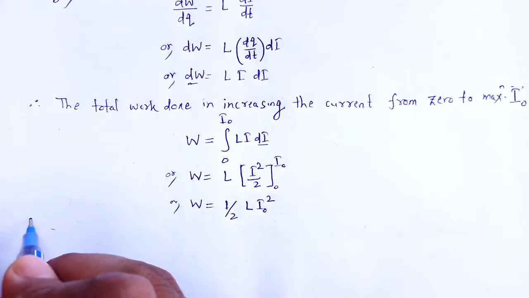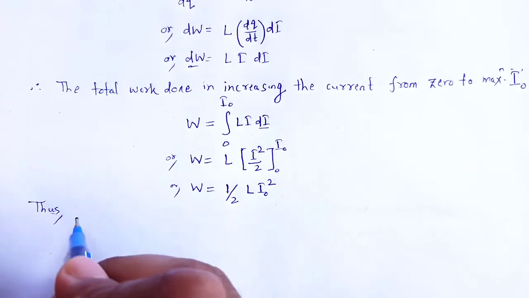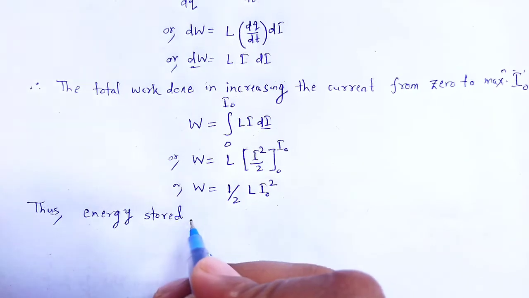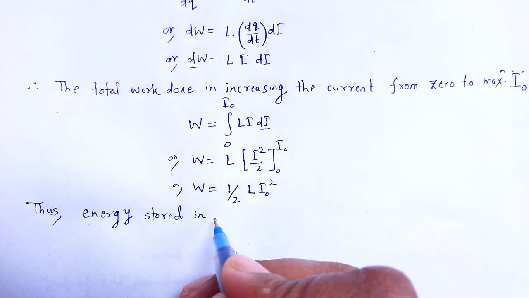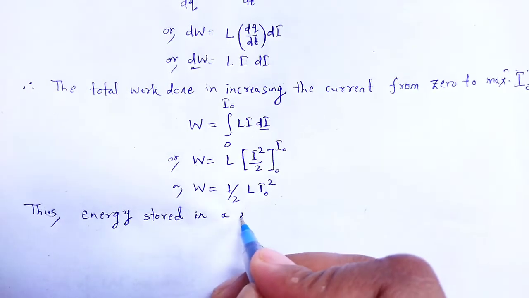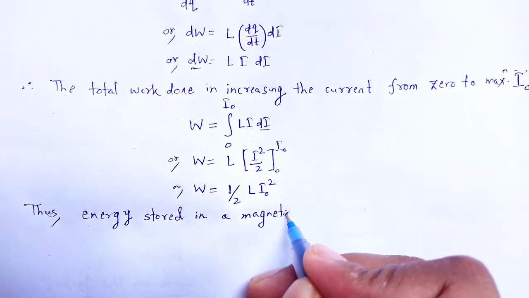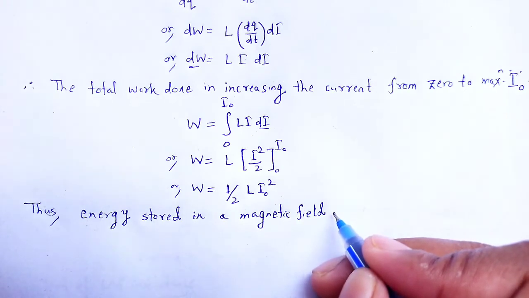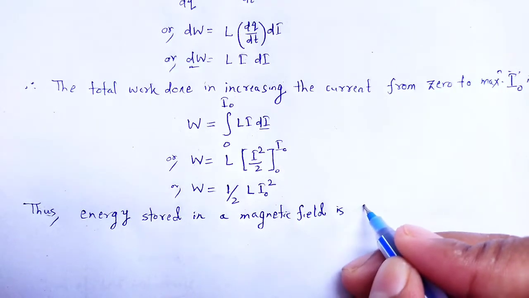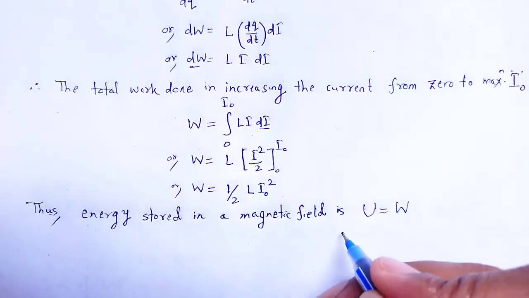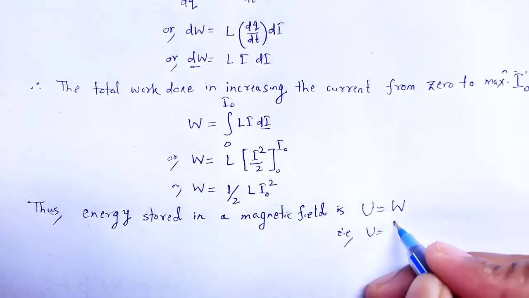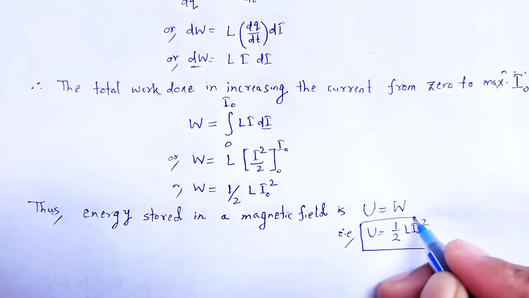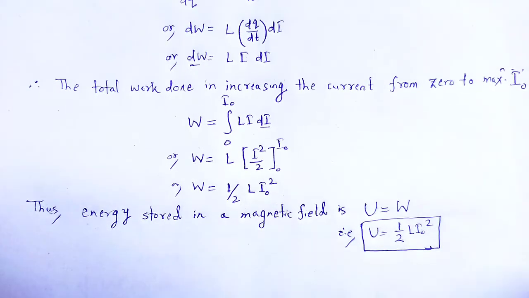Thus energy stored in a magnetic field is U is equal to W, that is U is equal to half L I naught square, that is the energy stored in case of a magnetic field.